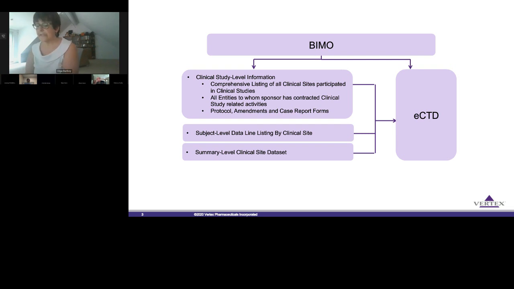These three components need to be in eCTD format and included in Module 5 of the applications. BIMA study tagging file should be constructed and should be placed in Module 5 in the other study report and related information section.